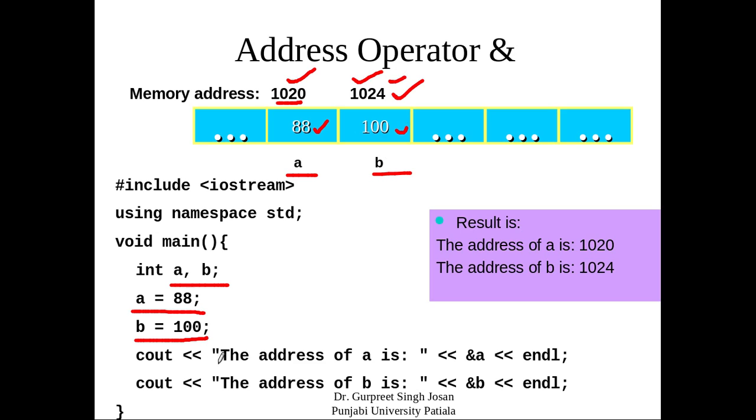Now if I want to print the address, I have to use ampersand a. If I use ampersand a, it will print the address 1020, and if I use ampersand b, it will print the address 1024. So every location has an address in memory. Whenever you declare a variable, that name is allocated to some memory location, and by using the ampersand operator you can get the address of any location.